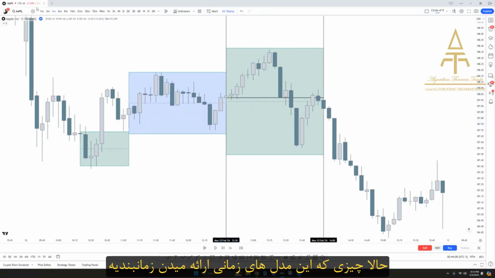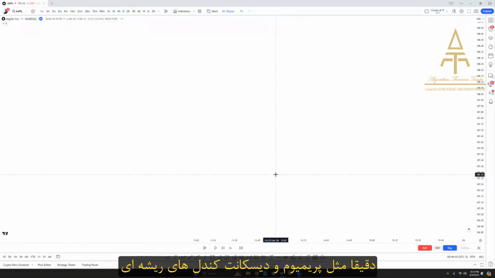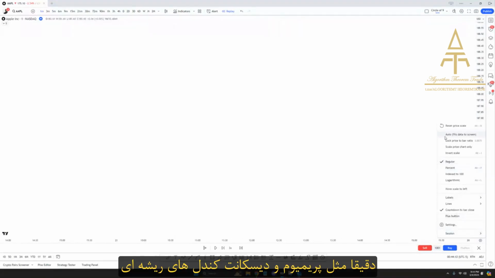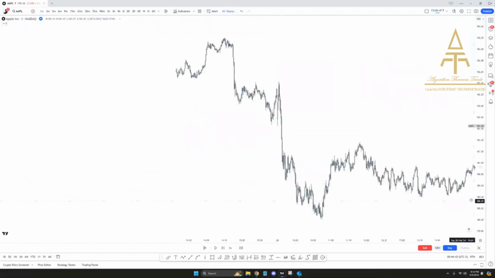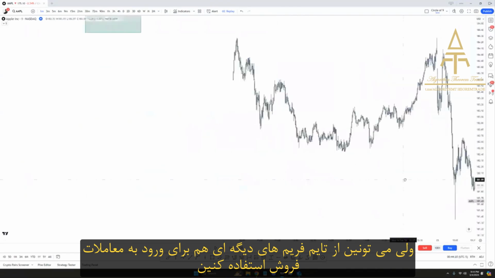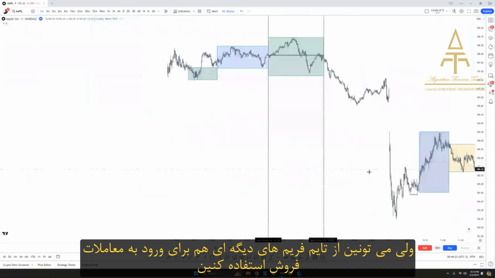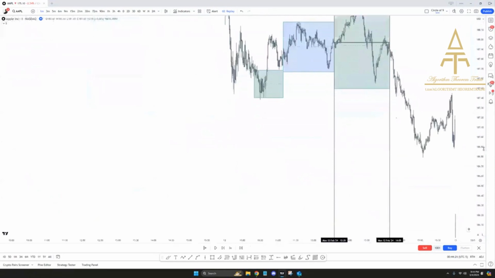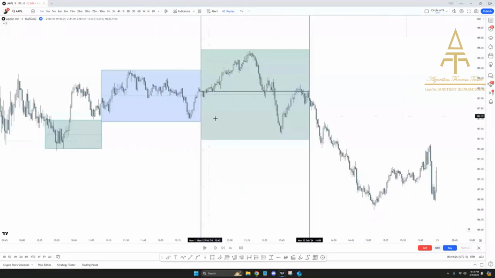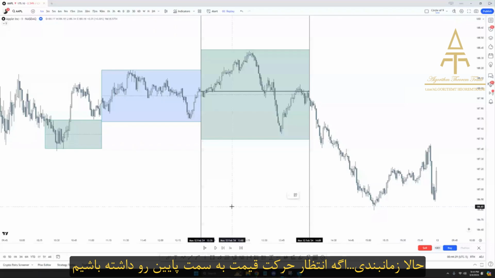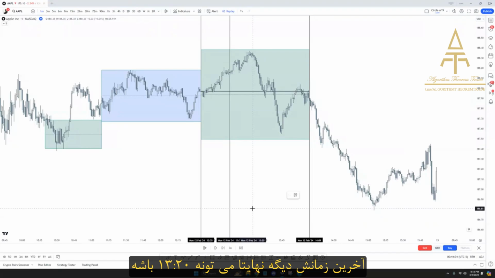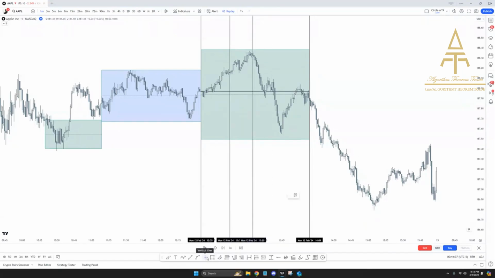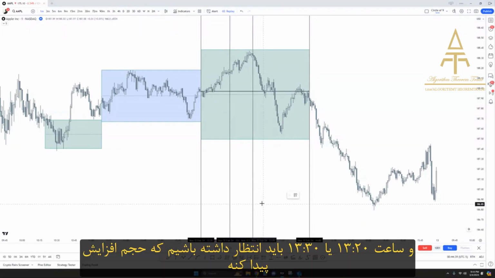Now, what these time models present is the timing of it, as well as premium and discount of root candles. But you can use other time frames to enter longs and shorts. So the timing, if you were to expect downside, at the latest, you'll want to see it at 1320. 1320 or 1330, you're going to want to see volatility increase.